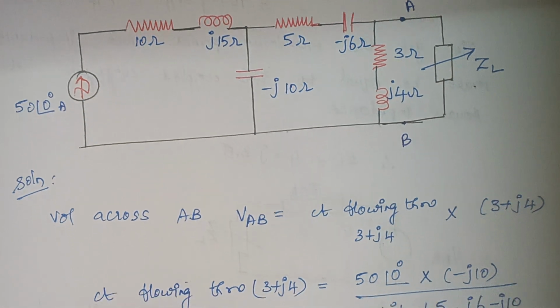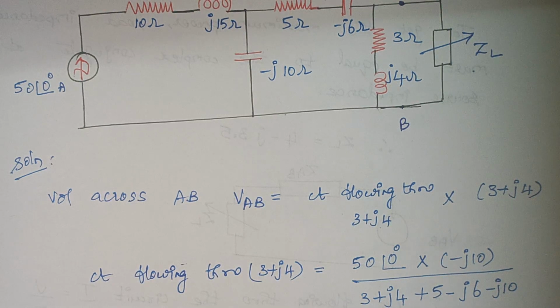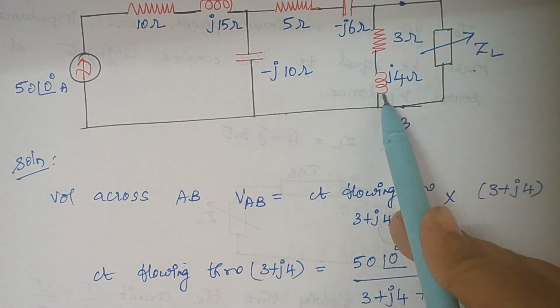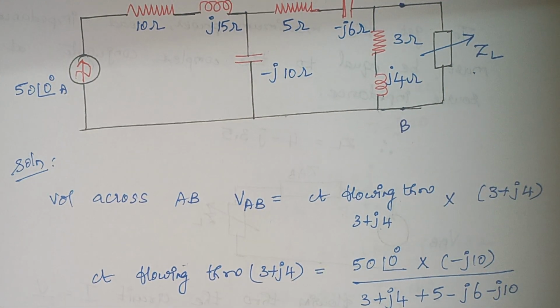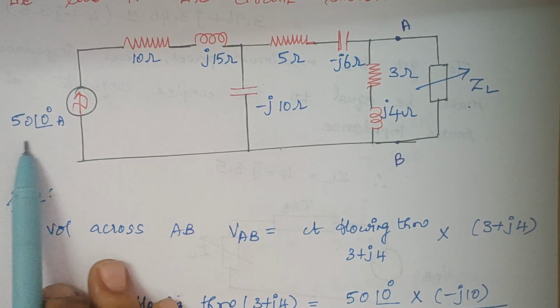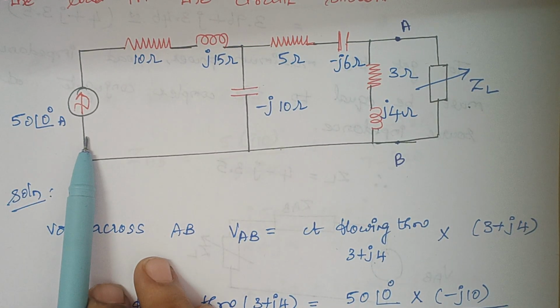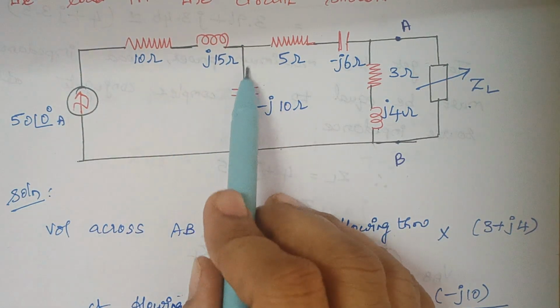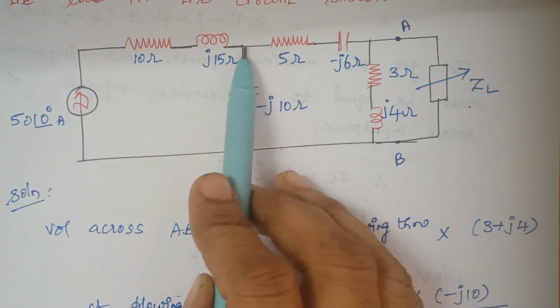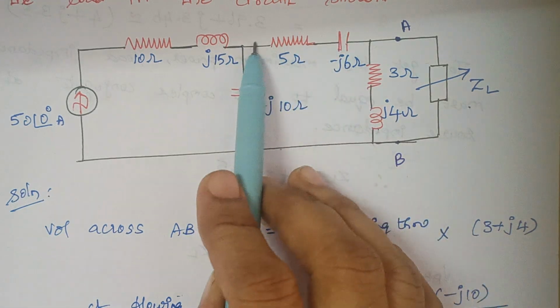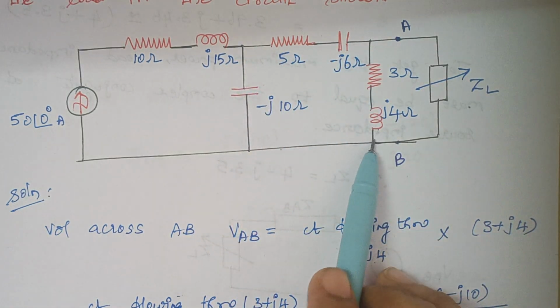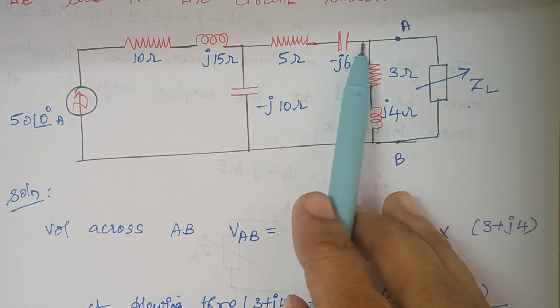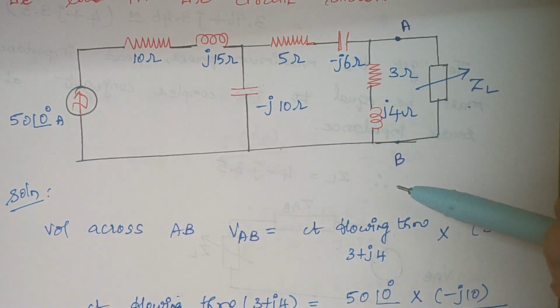Now we are going to calculate the current that flows through this 3 plus J4. This is our current source, and when it reaches this node it gets divided into 2, and this entire current flows through this part because these two are connected in series.